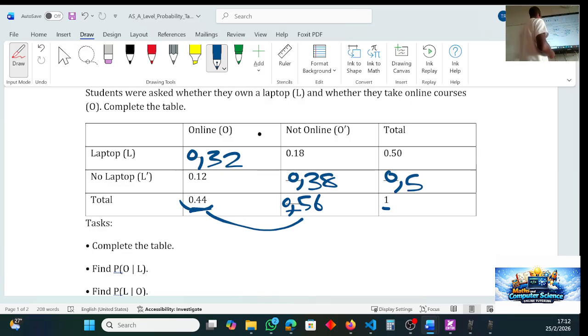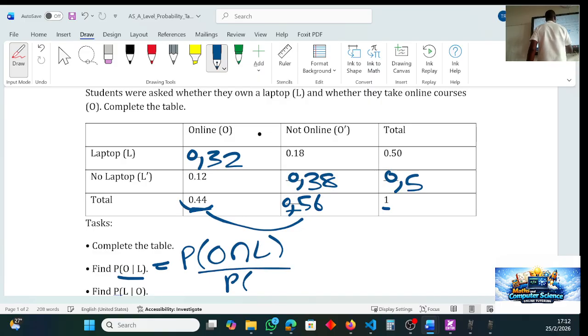Now we can use it to find probabilities. For instance, here we are interested in the probability of event A given L has occurred. This is expanded as the probability of O intersection L over the probability of L. When I check our table, O and L intersect here, so on my numerator I'll have 0.32.